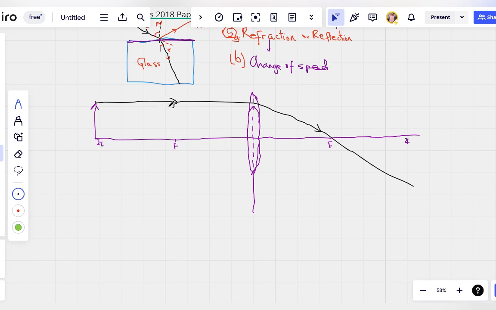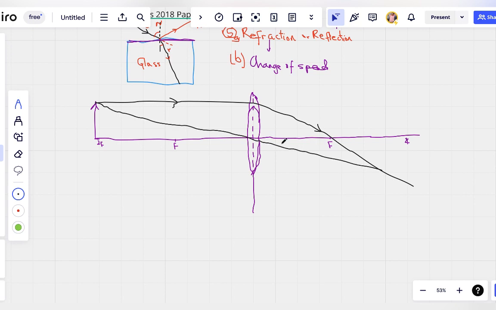Then another ray of light coming from here and passing through the optical center, don't mind our errors, that is passing through the optical center will remain undeviated.